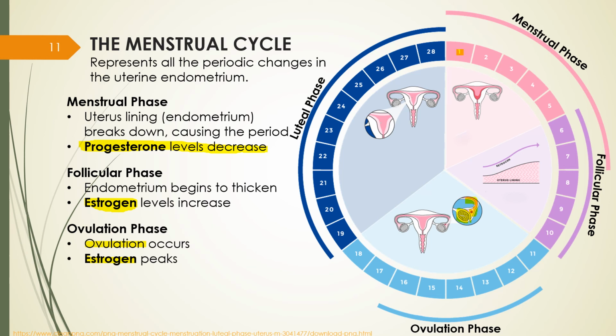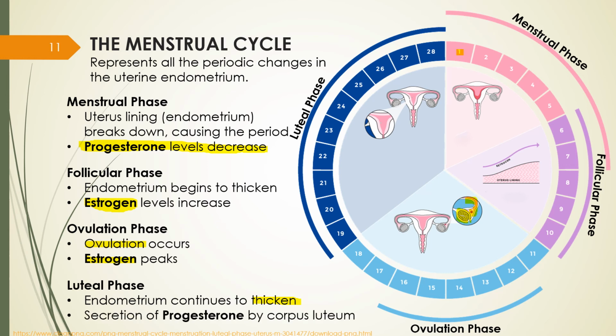And the last phase is the luteal phase. What happens in the luteal phase? My endometrium continues to thicken, and I secrete progesterone by the corpus luteum. Remember, when I liberate the ovum here, my corpus luteum will stimulate the secretion of progesterone.